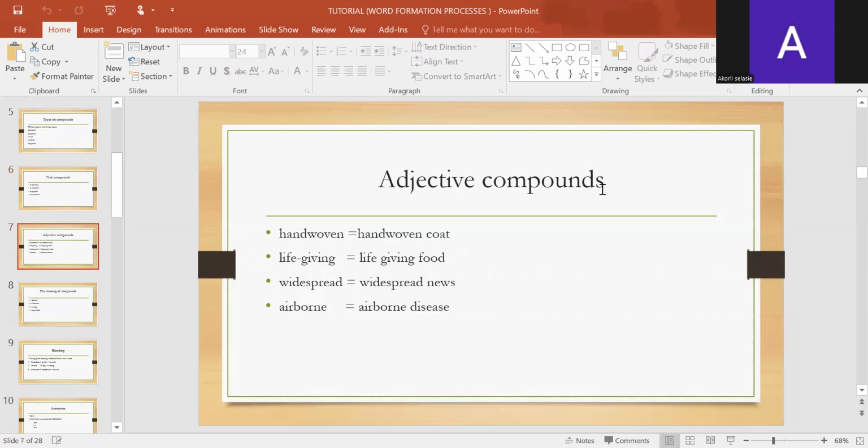We also have adjective compounds. For example, hand-woven hood, a life-giving food, widespread news. The adjectives are wide and spread news, airborne disease. Adjective compounds.